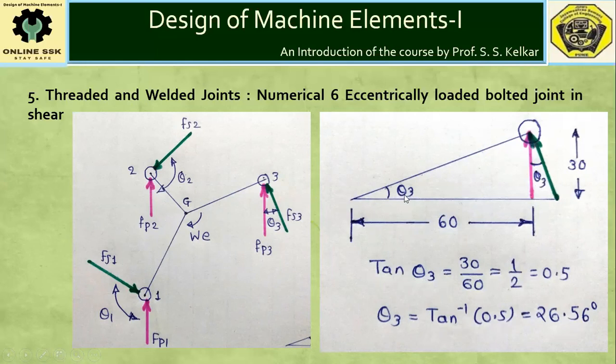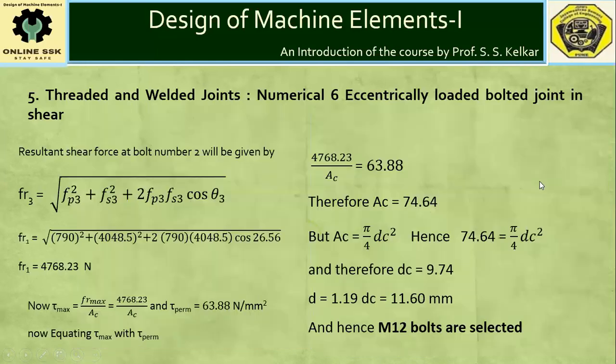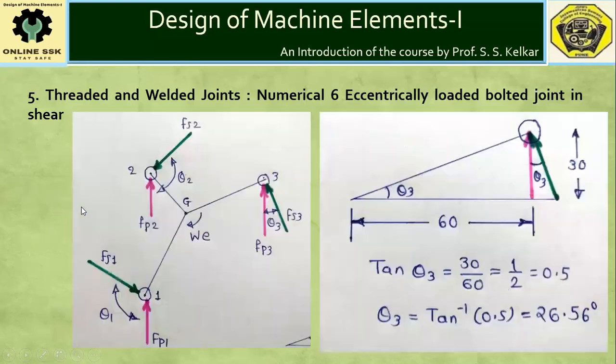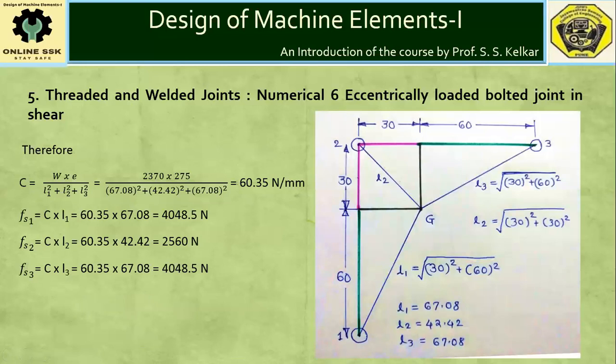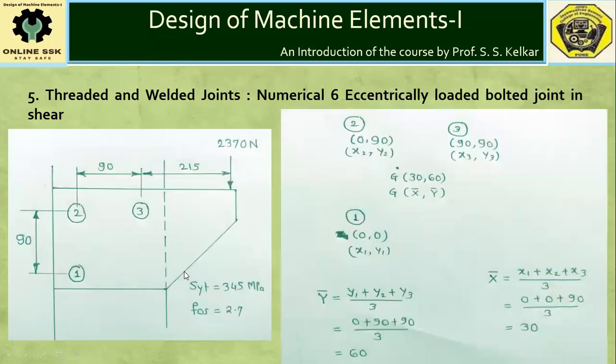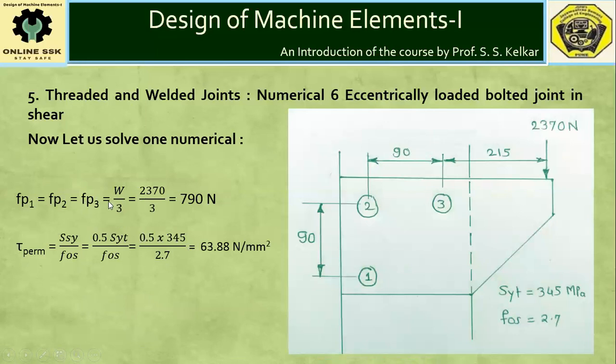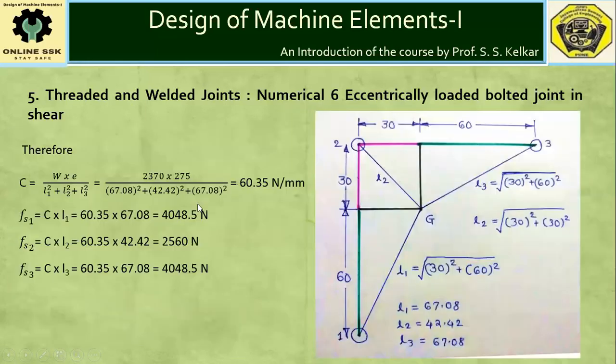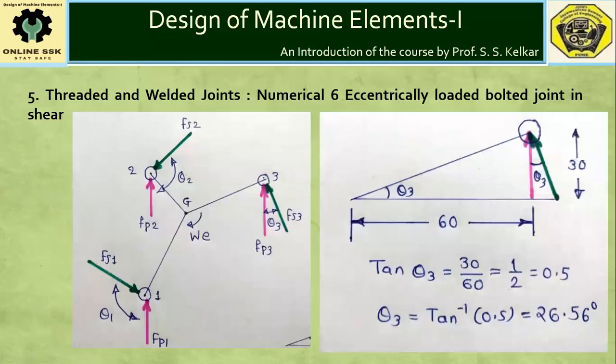This value of theta 3 will be used while calculating FR3, the resultant shear force experienced by the critically loaded bolt number 3. So FR3 is equal to the square root of FP3 squared plus FS3 squared plus 2 times FP3 FS3 cos theta 3. Now we have the value of FS3, and also the value of FP3, 790, and theta 3 as 26.56.